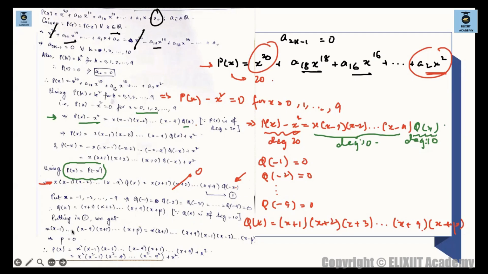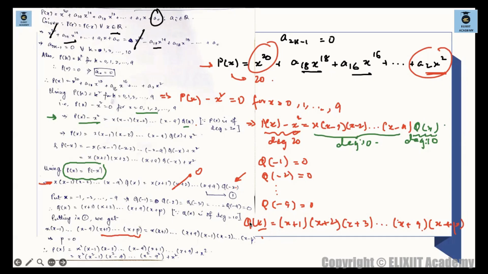This portion is just the q(x) part. The same thing goes on the right hand side: x into (x plus 1)(x plus 2)(x plus 3) and so on till (x plus 9), then multiplied by q of minus x. You have q(x), so what is q of minus x? It is (x minus 1)(x minus 2) and so on till (x minus p), all in minus.